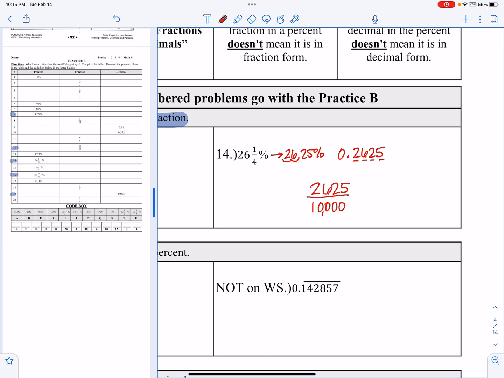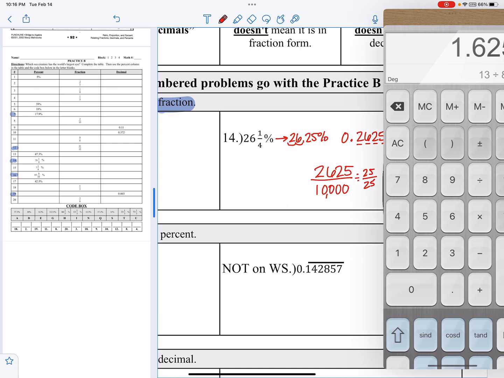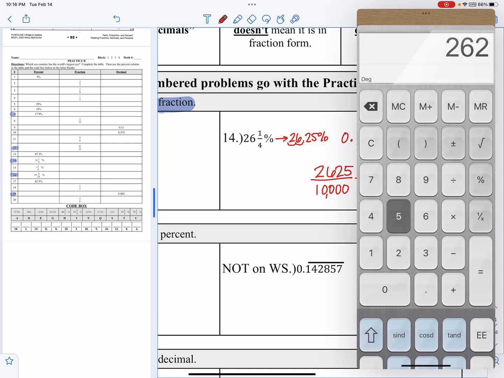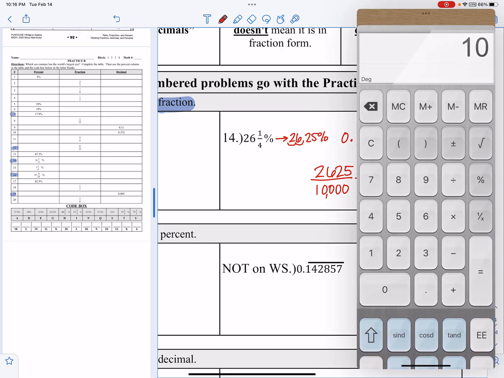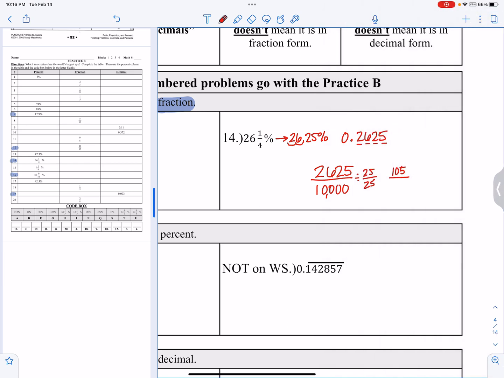Okay. Now I have to see if I can simplify that. I can definitely divide by 25 over 25. Let's test that out. 2625 divided by 25 is 105, so we have a 105 on top. And on the bottom, 10,000 divided by 25 puts us at 400.